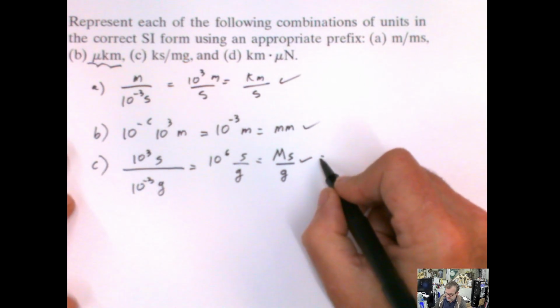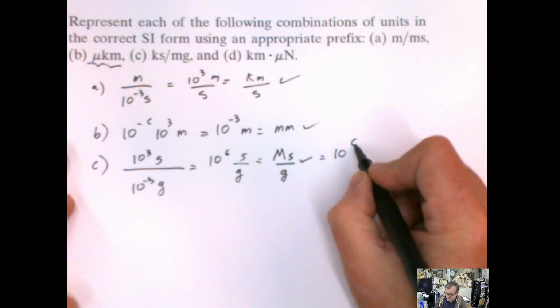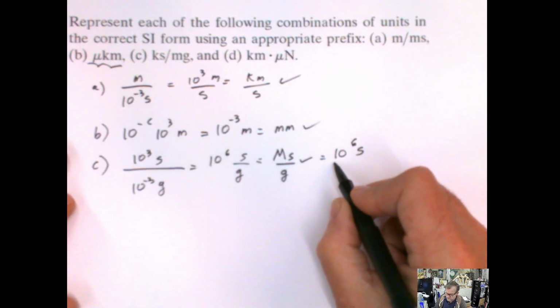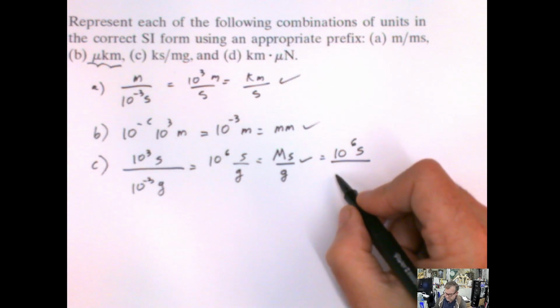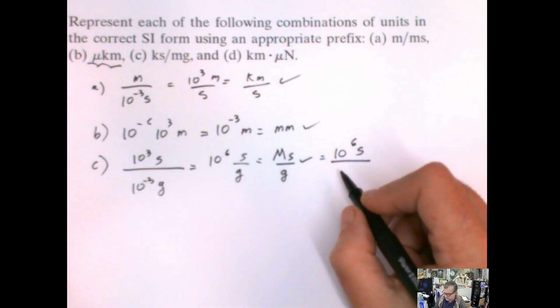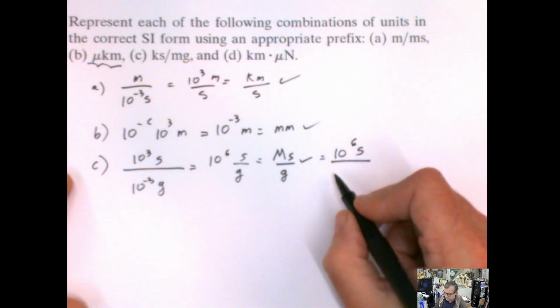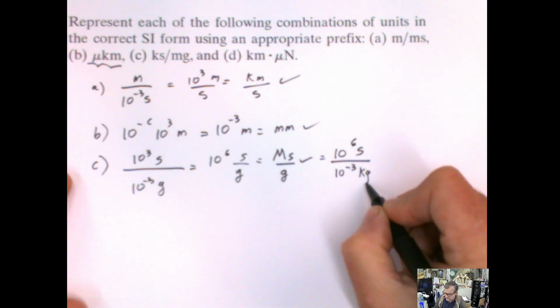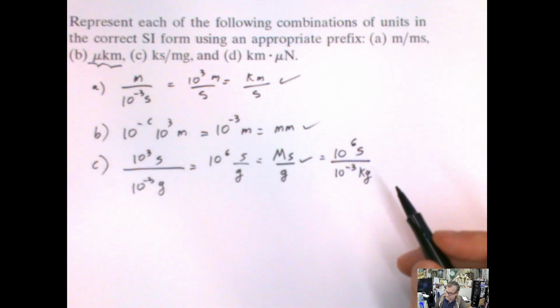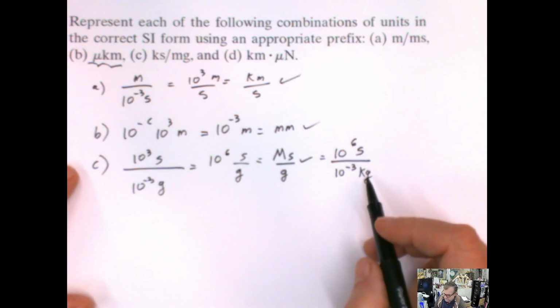That will be basically 10 to the 6 second, and a gram will be 10 to the negative 3 kilograms. Now we are putting prefixes in the denominator.